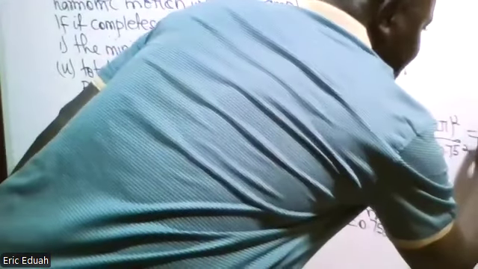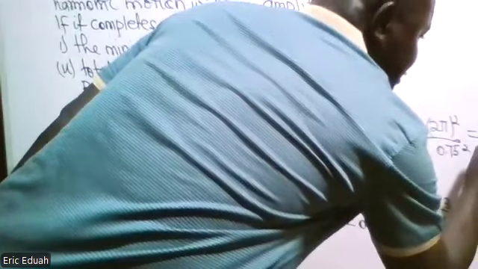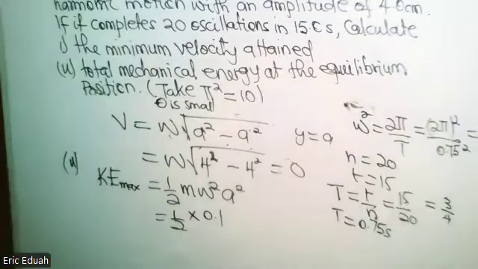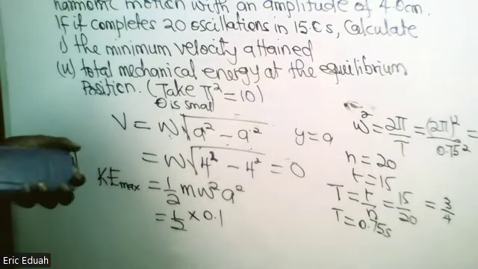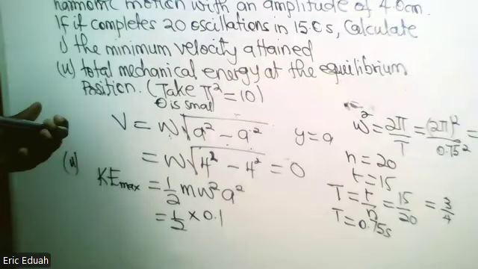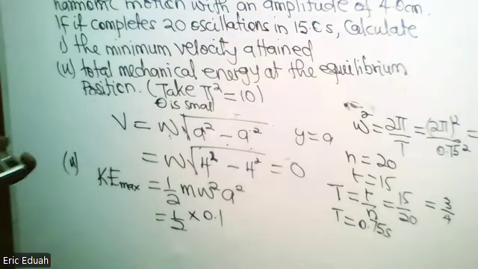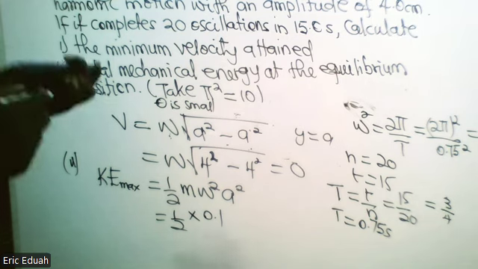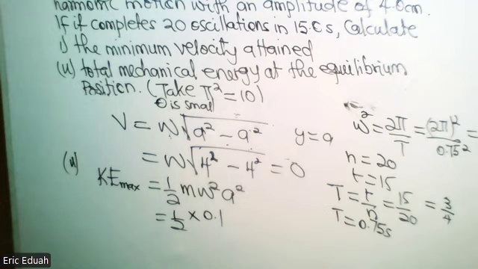So this will be equal to 4 times pi squared over 0.75 squared. What is 0.75 squared? So let's determine 0.75 squared. This is 0.5625. So let's finish the calculation up here.